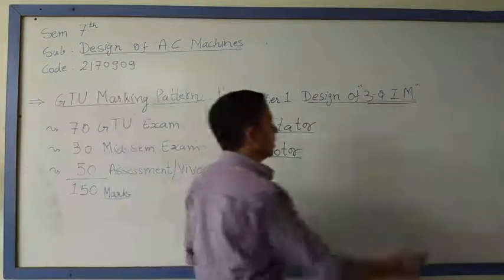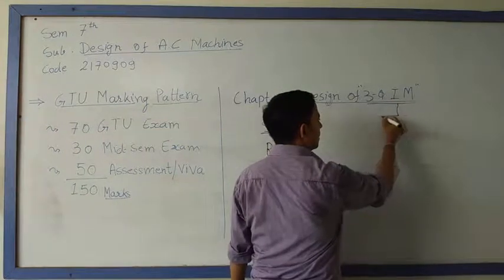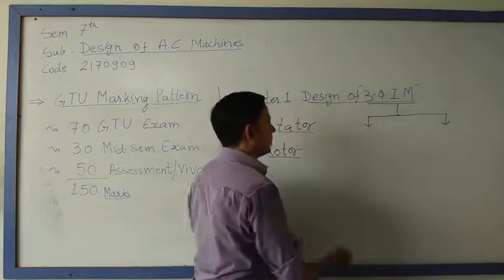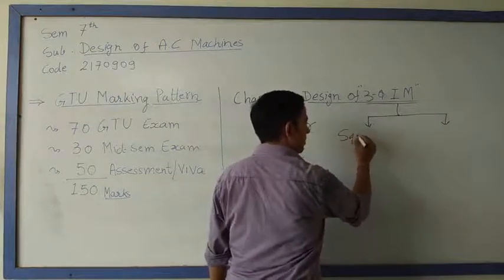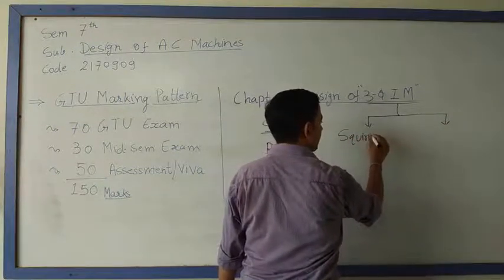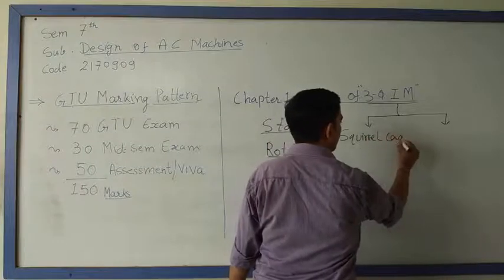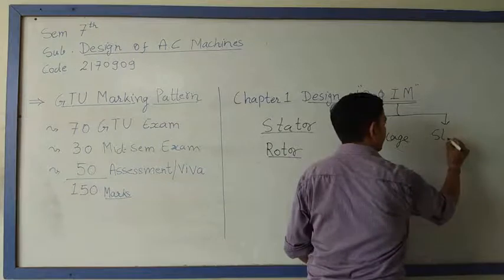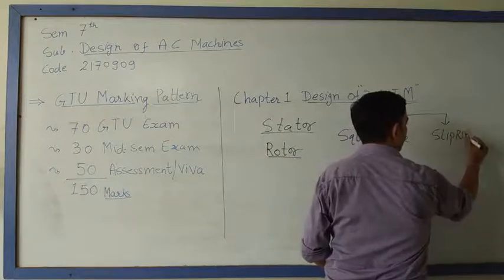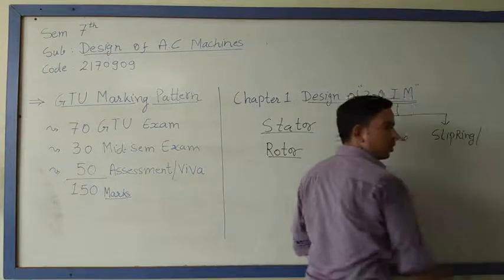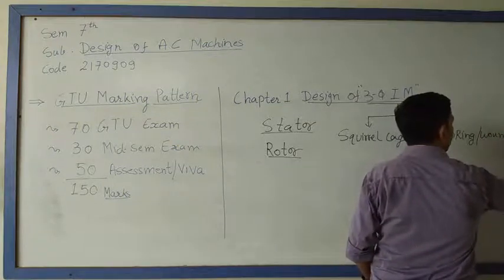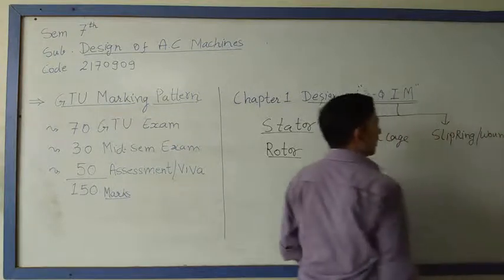Now, construction-wise, the 3-phase induction motor is classified in 2 parts. First one is the squirrel cage induction motor, and second one is the slip ring or phase wound or wound type induction motor.